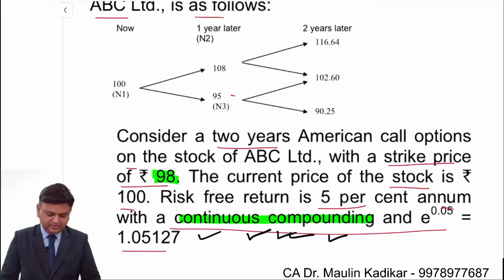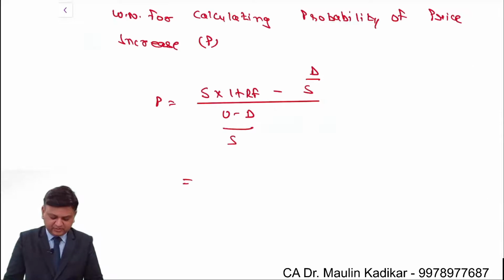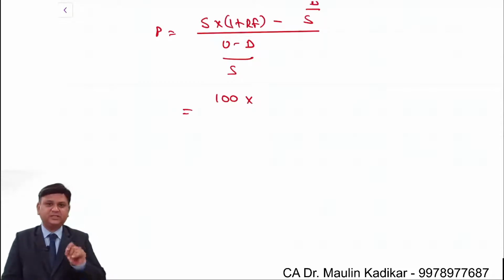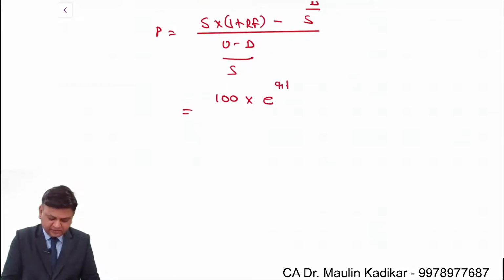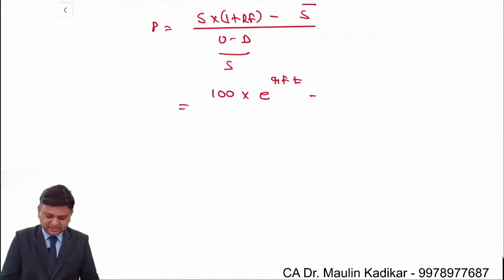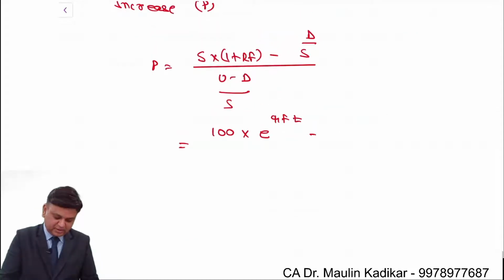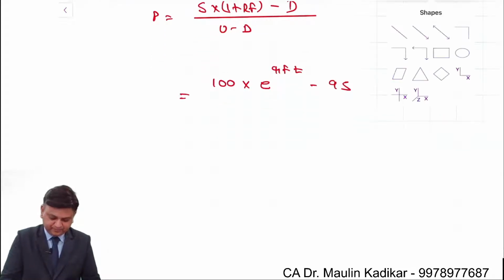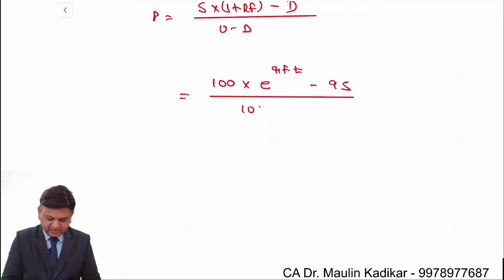So we can compute the probability of the price increase by using one formula only. Spot is 100 into, friends, over here 1 plus RF is required to be mentioned in a slightly different method. It is e raised to RF into T. This is the way it is written. Minus D upon S, oh sorry, minus it will be D. I have taken the spot, so it is minus D. That is 95, divided by 108 minus 95.